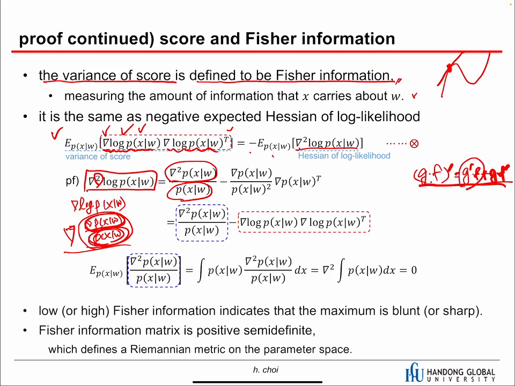So we have to take a derivative of this one. This one goes here directly, and then when we take a derivative, we have this one. And then if we focus on this one, we have the same term here. And then here we have a square.